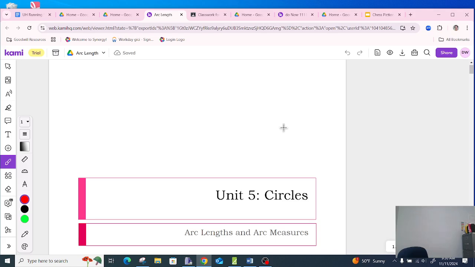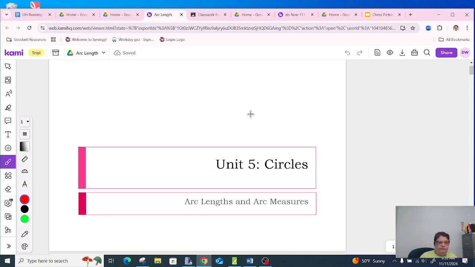Everybody have their notes? It's really easy to confuse arc length and arc measure. There's a difference.